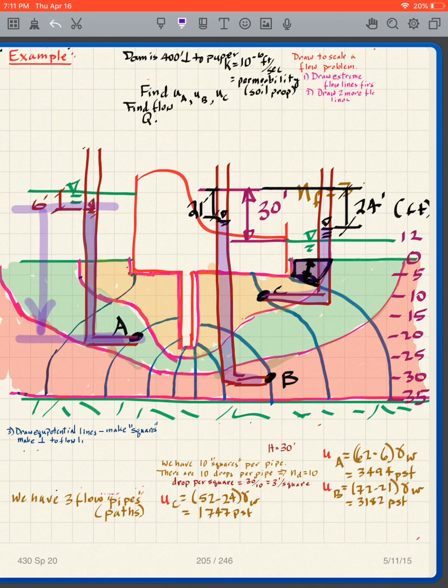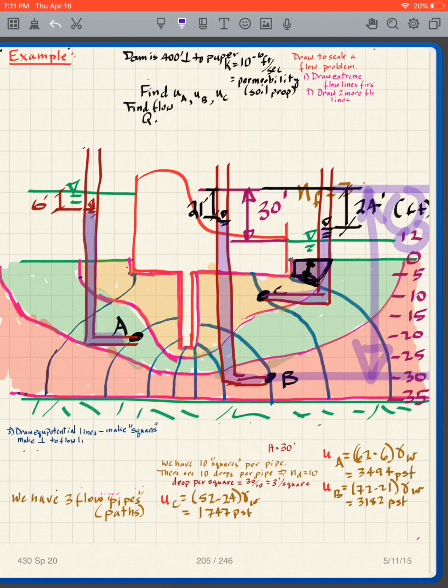Again, for point B, I look at where point B is. I get 30 feet here. This vertical distance will be the 30 feet plus the 12 feet plus another 30 feet.